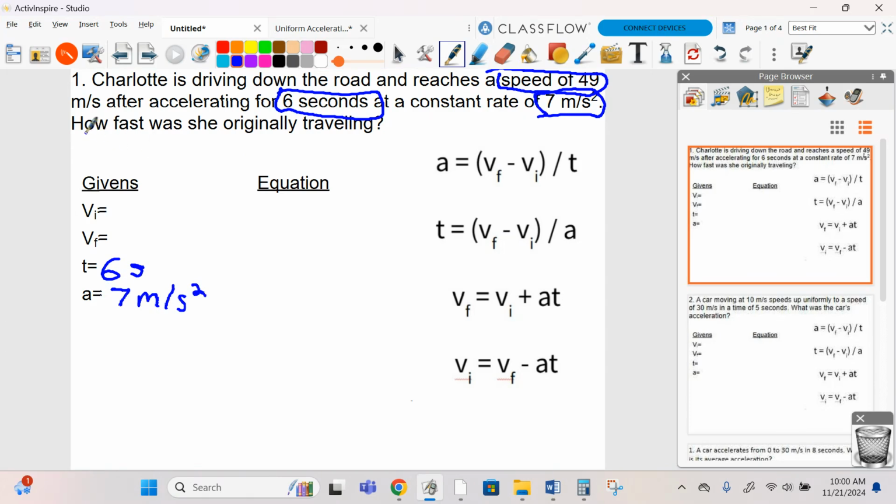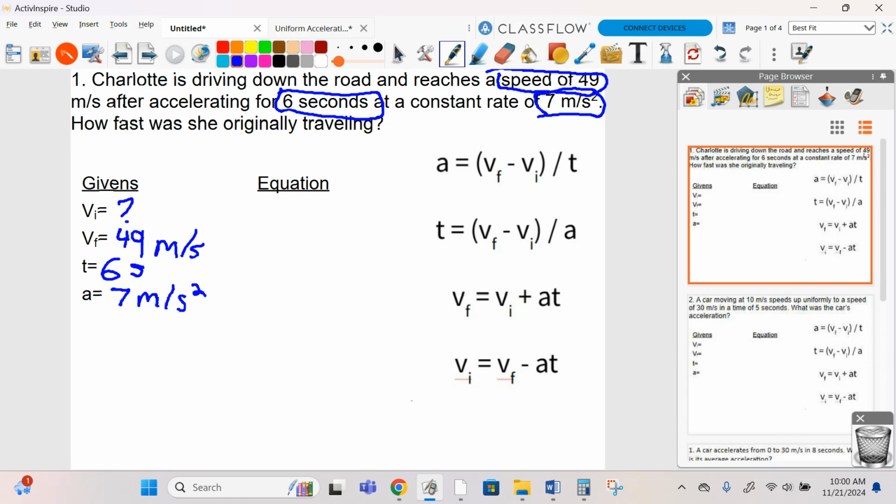And the question asks, how fast is she originally traveling? So if it's originally traveling, that's asking for initial velocity. This speed up here, this ends up being a 49 meters per second, because this was speed after. So that means that's our final velocity.